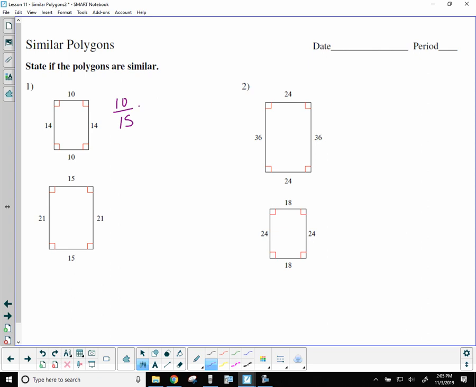If you're terrible at reducing, you could use your Casio, but this would be 2/3. 14 over 21 reduces to, that's right, 2/3.